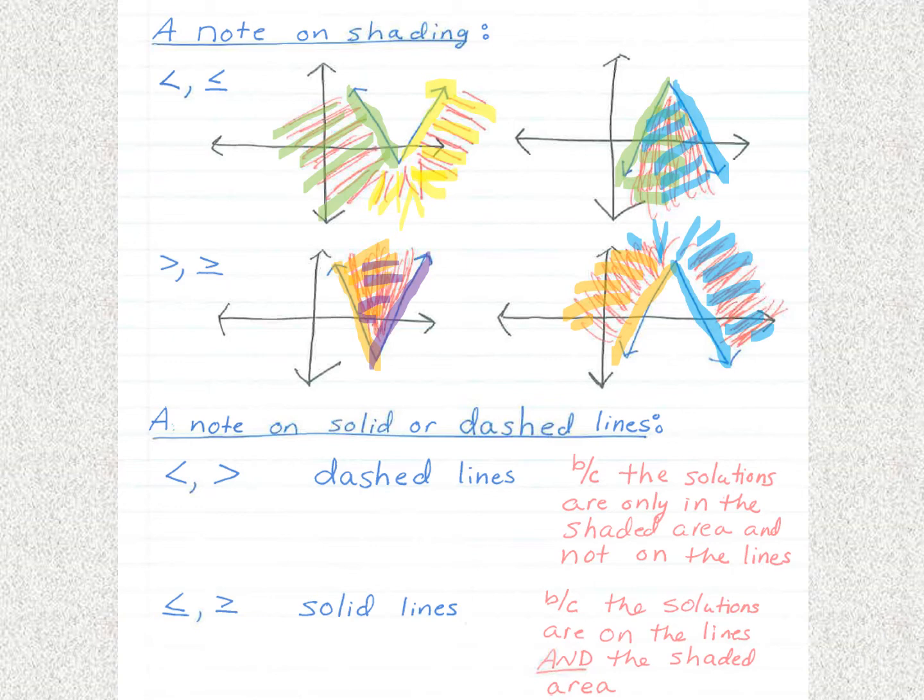If it is less than or equal to or greater than or equal to, we're going to graph our absolute values with a solid line, because the solutions could be on the lines and in the shaded area. So this part of it is very much like when we graphed linear inequalities.